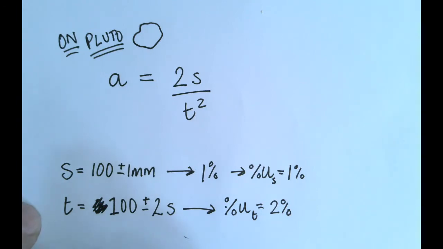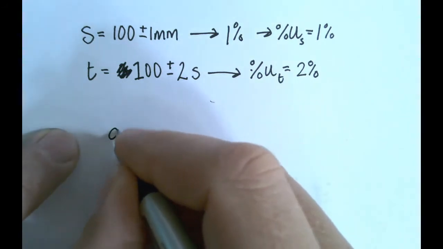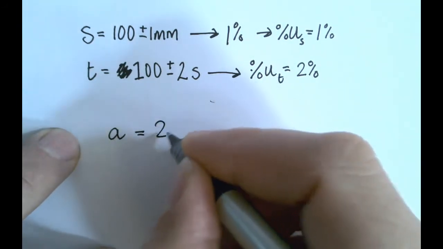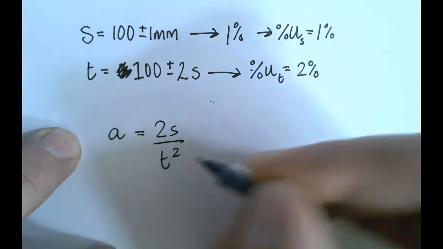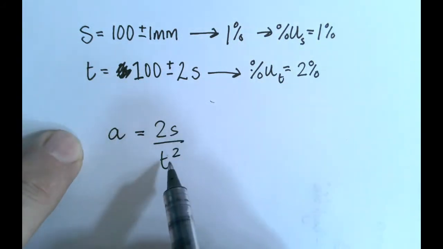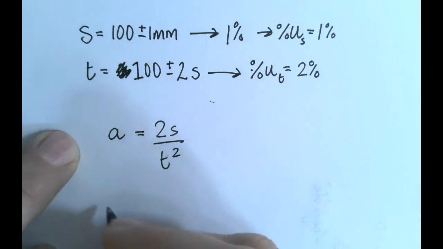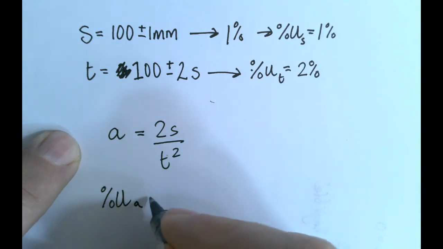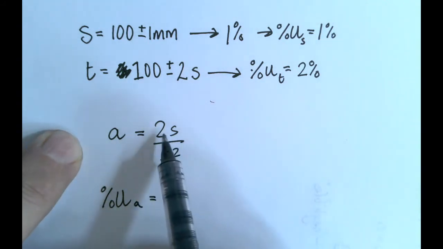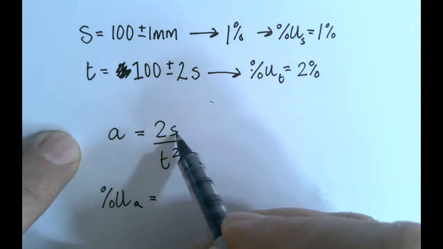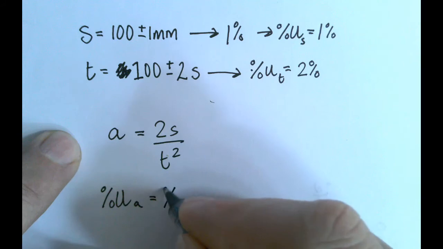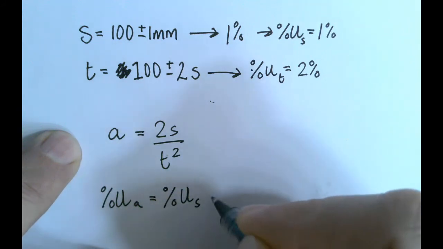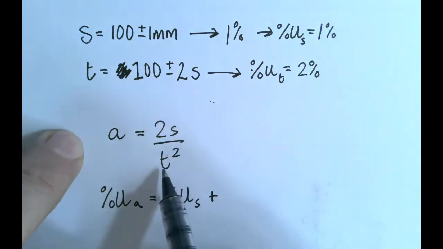So what we do is we say to ourselves, and I'm going to slide this up, the acceleration was equal to 2s over t squared. For each of these things we add the percentage uncertainty. So the percentage uncertainty in the acceleration is going to equal, well, we ignore the 2, the percentage uncertainty in the s, plus the percentage uncertainty in the time, but then it's multiplied by itself.